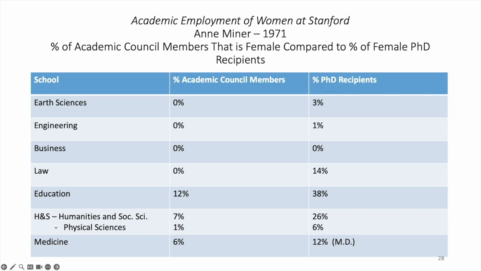The right hand is the percentage of PhDs, Stanford PhDs, in each of those fields. The real potential worrisome areas were law, education, the humanities and social sciences, and medicine, with some concern in the physical sciences and engineering. But again, I stress, we did not present numerical goals.